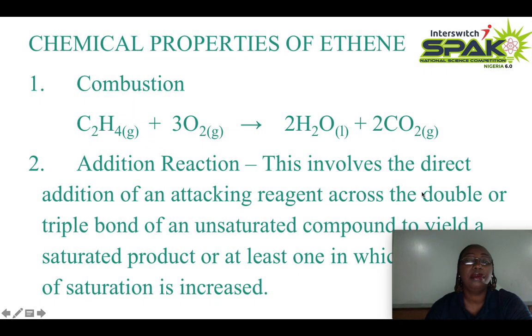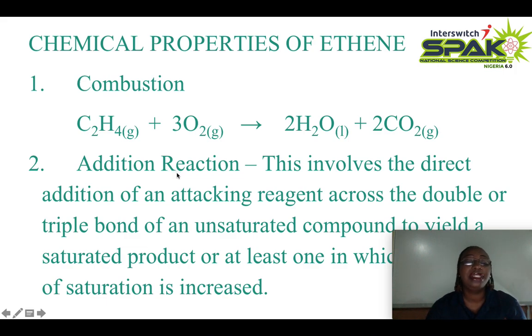And we have the chemical properties of ethene. Like I said earlier, all organic compounds can undergo combustion. Excess air will give you CO2 and water. Limited air will give you CO and water. What major reactions does ethene undergo? If you can remember, I said that alkanes undergo substitution, alkenes undergo addition reactions.